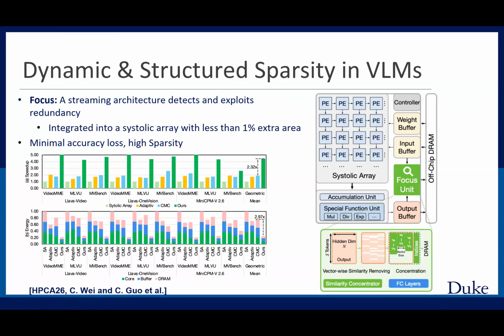We designed the architecture based on systolic array structures, and the Focus unit primarily focuses on finer vector-level similarity detection. Without going into much detail, across a large variety of benchmarks, we are able to speed up execution by more than 7 times and improve energy efficiency on average by more than 10 times.